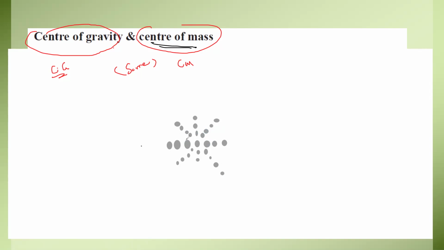The center of mass is actually a point around which the mass is evenly distributed. The particles are evenly distributed. For example, here 3 particles on the left and 3 particles on the right, 3 particles up, 3 particles down, 4 particles here and 4 particles here.